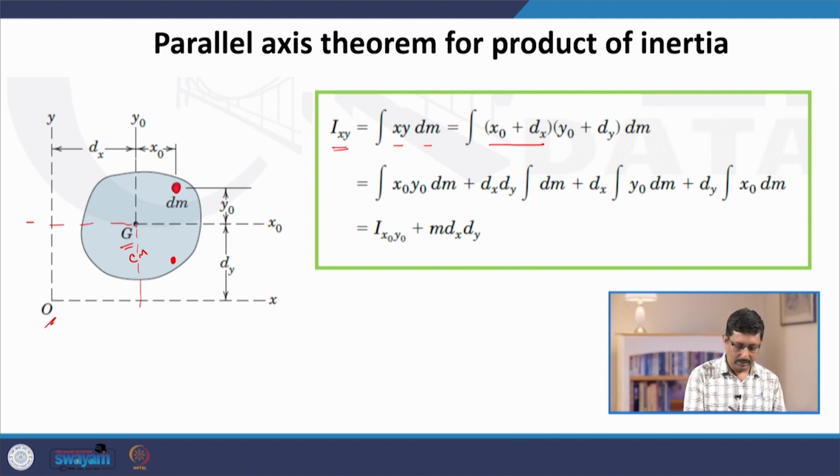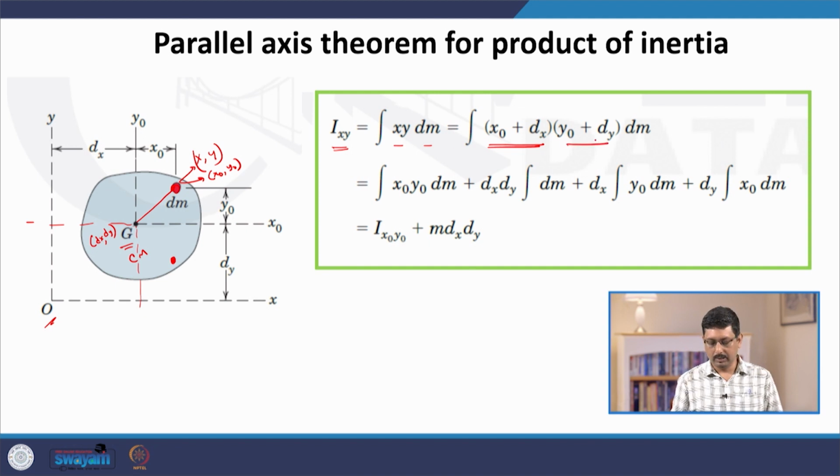So, x is the location of this point with respect to the origin O, and x naught is the location of this point with respect to the center of mass. The location of the center of mass with respect to origin O is dx and dy. So, from the figure x is equal to x naught plus dx and y is equal to y naught plus dy.